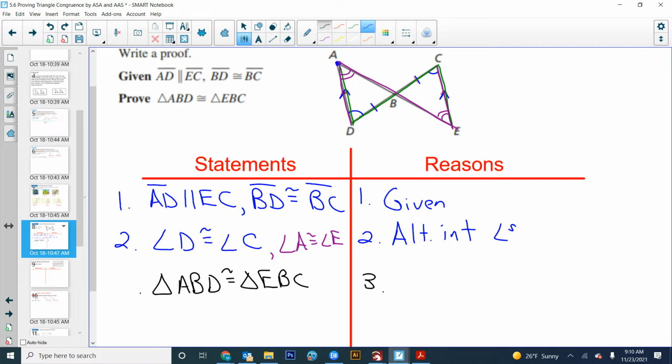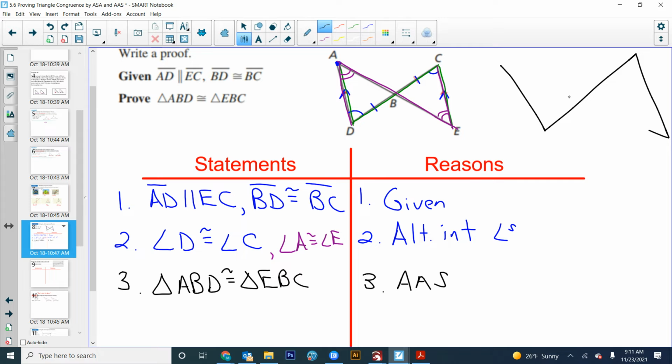I appreciate you guys and how gentle you are with criticizing me. AAS. Now, another student, ready? Because I have to grade these. Another student didn't do both sets of alternate interior. Not everybody can be Levi.